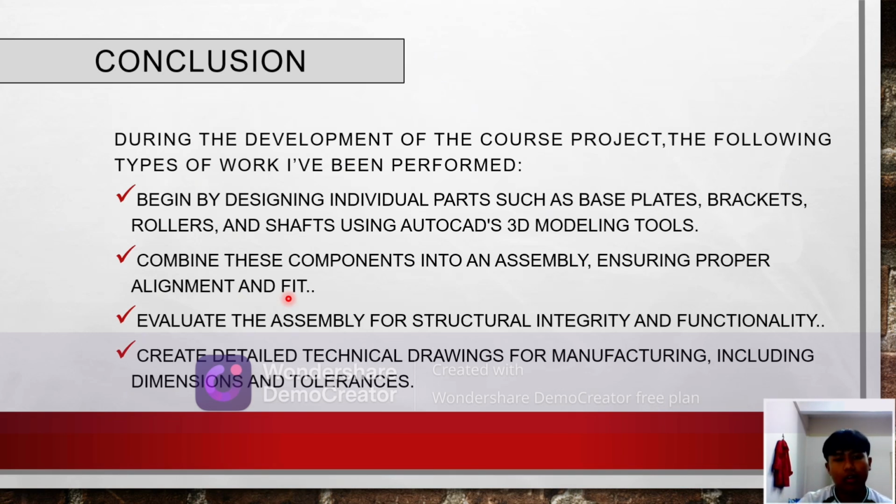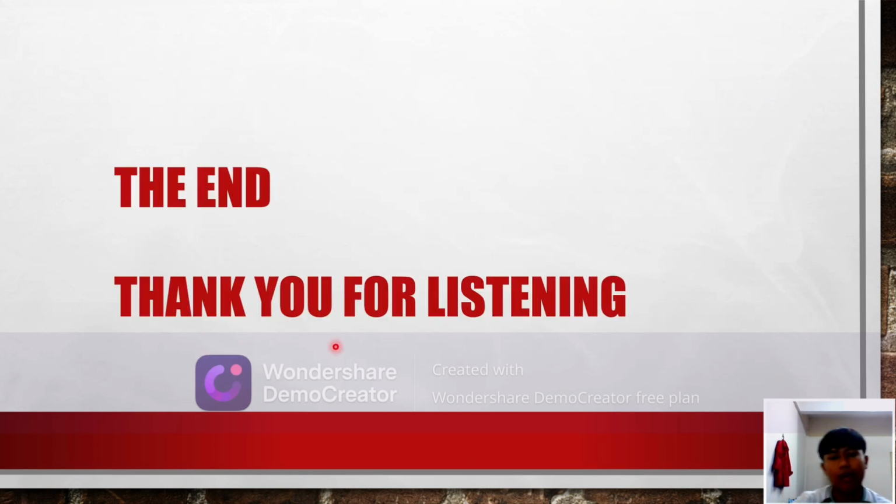Secondly, combine these components into an assembly, ensuring proper alignment and fit. Third is evaluating the assembly for structural integrity and functionality. And lastly, it is to create detailed technical drawings for manufacturing, including dimensions and tolerances.